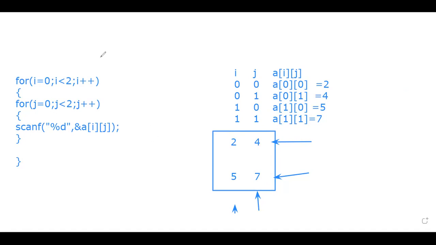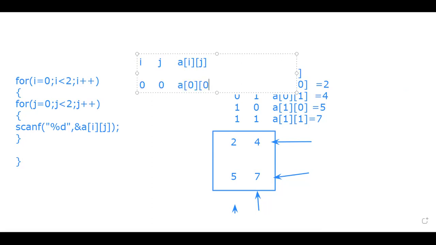So for example, let us assume that I have a 3 by 3 matrix. I have to write i equal to, see here, first is the i value and next is the j value: a of ij. First value is 0, 0, a of 0, 0.